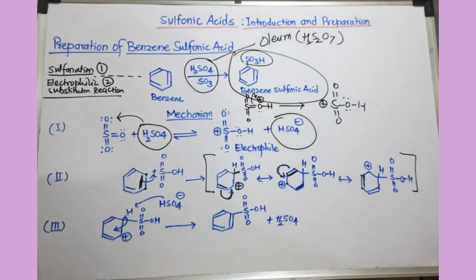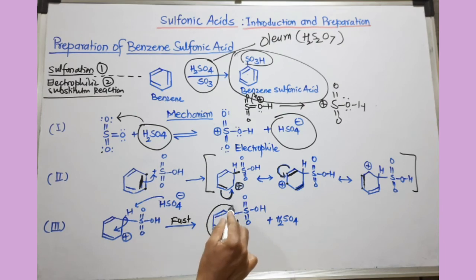Once the electrophile has attacked and the carbocation is formed, the third step, in fact the second step, is removal of a proton. This step is a fast step because the ring will try to remove this proton as early as possible, because while doing so we get the aromatic ring back, and the aromatic ring back means stability back. So stability is gained because of this aromatic center.